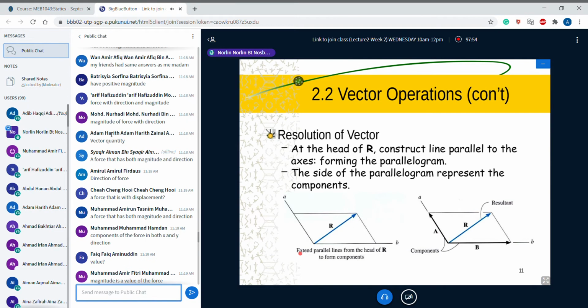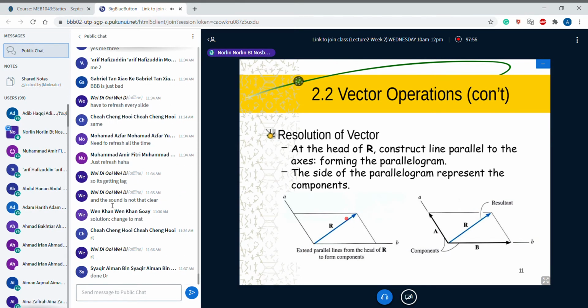So when you draw the head of the resultant force R here, the start is at this point. You need to draw the line which is A and B. It shows you the component. It is the side of the parallelogram. Okay, this one is the component.